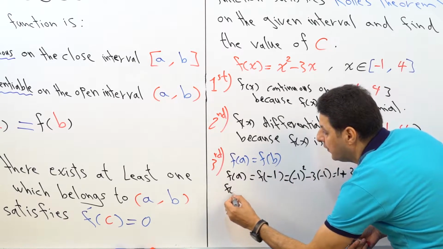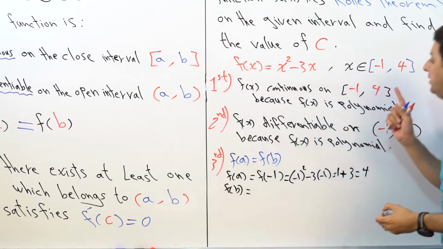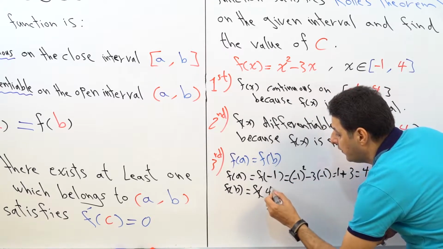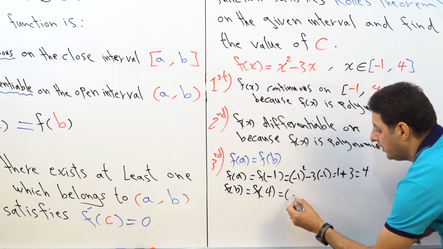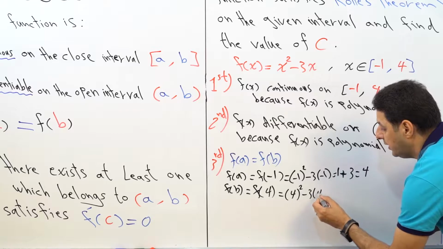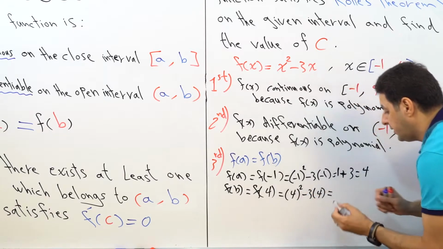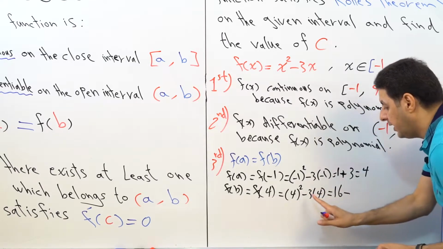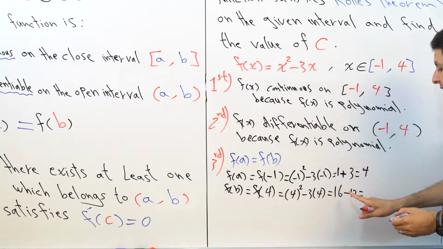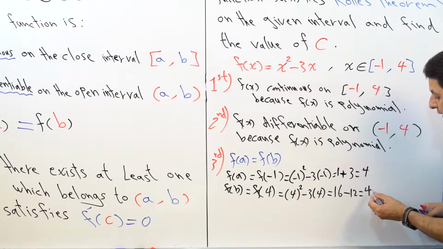Now f of b, where b is 4. f of 4 is 4 square minus 3 times 4. 4 square is 16 minus 3 times 4 which is 12. 16 minus 12 is 4.